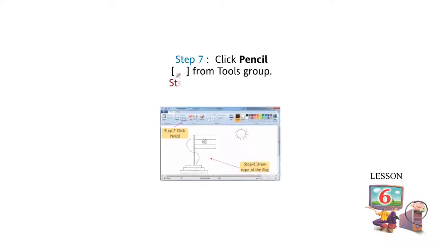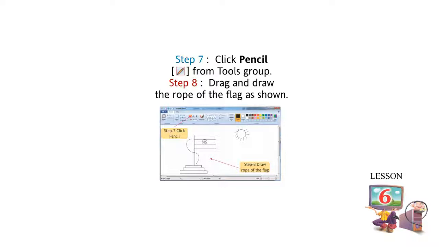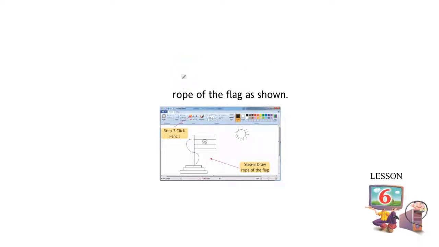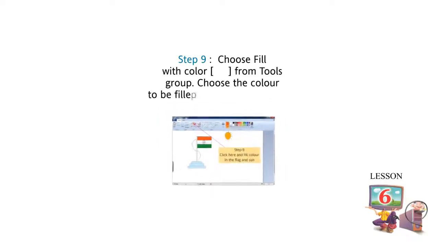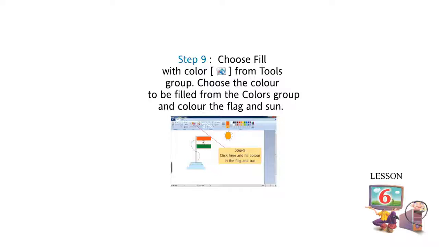Step 7. Click Pencil from Tools group. Step 8. Drag and draw the rope of the flags as shown. Step 9. Choose Fill with Color from Tools group. Choose the color to be filled from the Colors group and color the flag and sun.